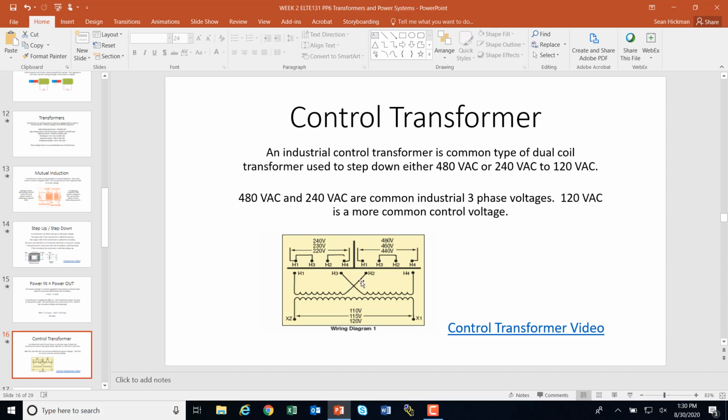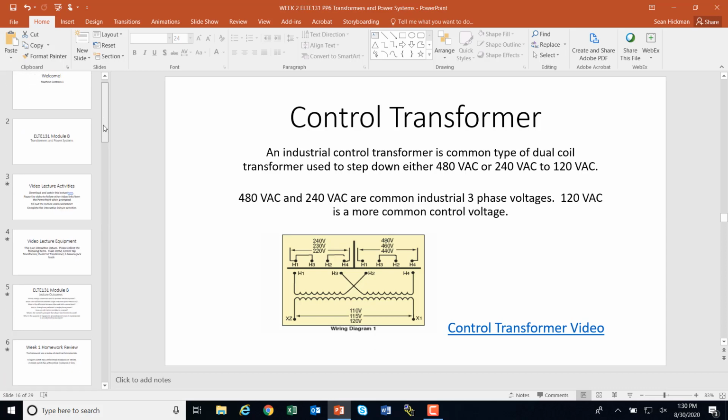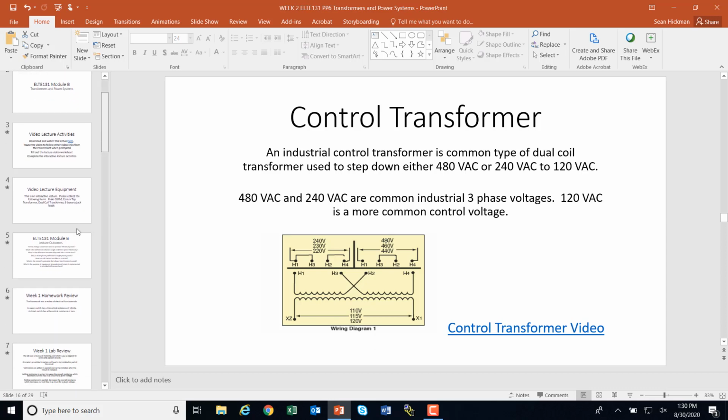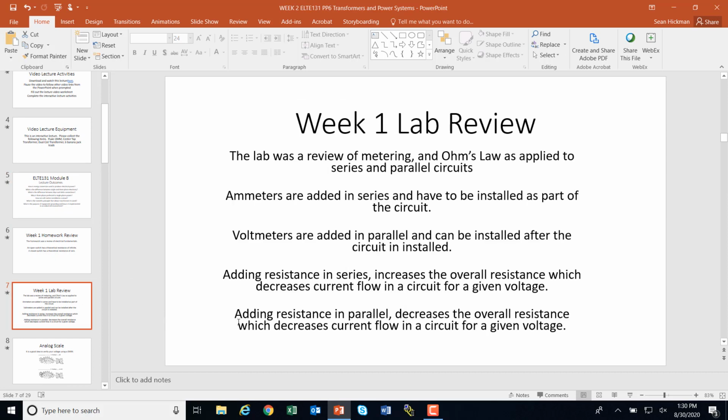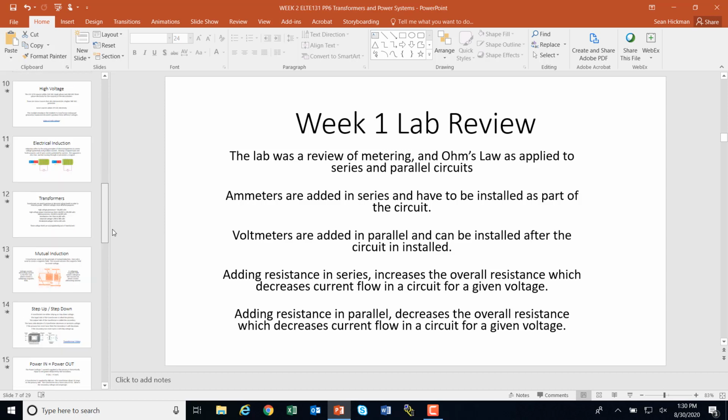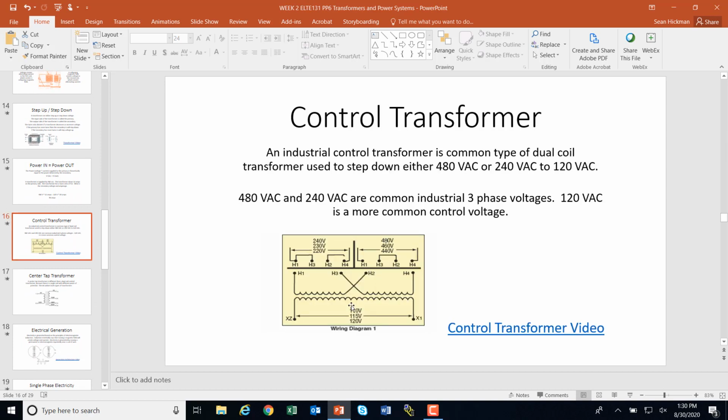That is what happens when you put these in series, okay? And then we learned from the previous lab, we just reviewed that when you put in parallel, you decrease the overall resistance and you increase the current flow. And then we applied that to a transformer here. What if you jumpered H1 to H3 and H2 to H4? How is that going to affect the transformer?